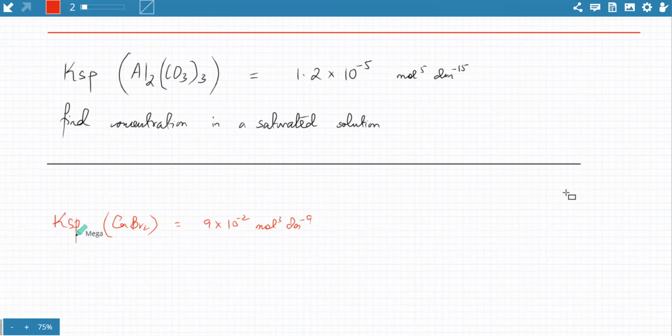And you have to find the same thing. Find the concentration in a saturated solution. So that's two questions. Send me the answer to the first one first.